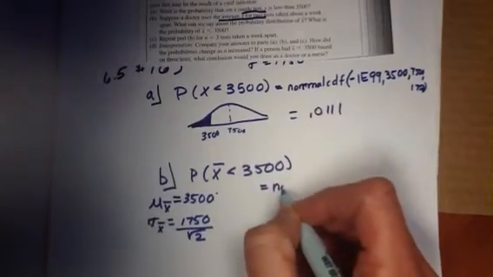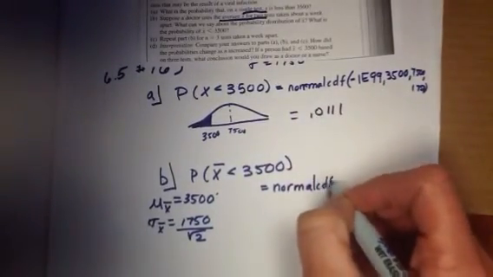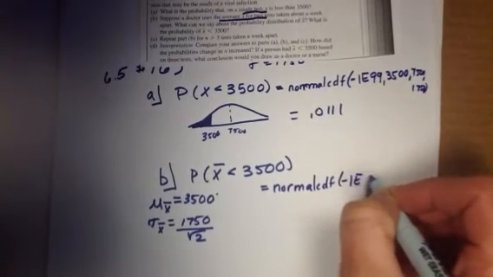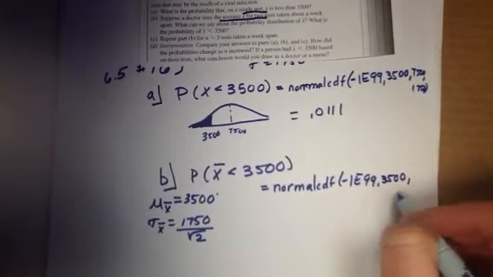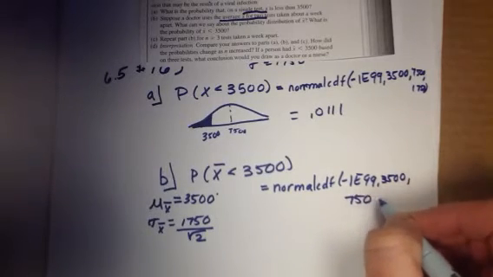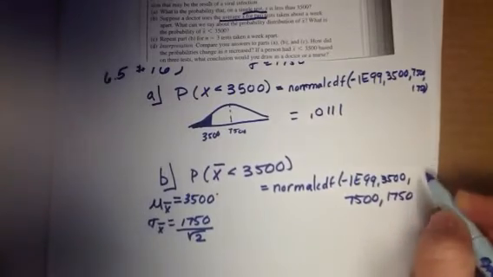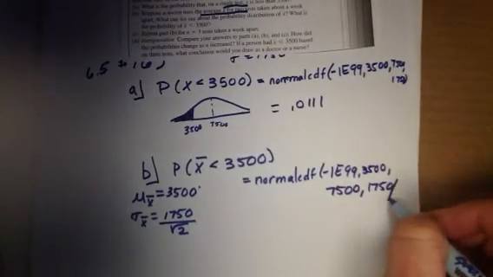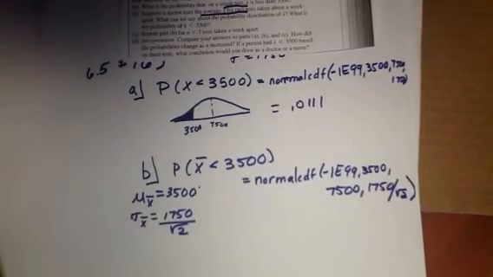So when we put it in our calculator, we're going to do the exact same thing. Normal CDF, same lower bound, same upper bound. I'm going to go to the second line, then comma mu. But when we put in our standard deviation here, in your calculator you can divide by the square root of 2 right here so that you don't have any rounding errors.